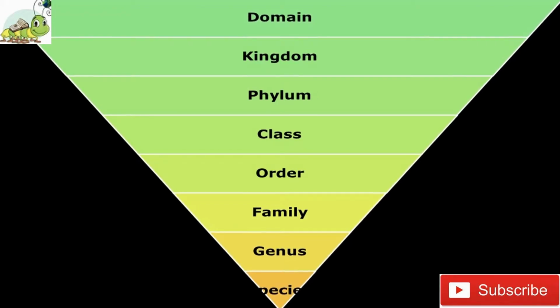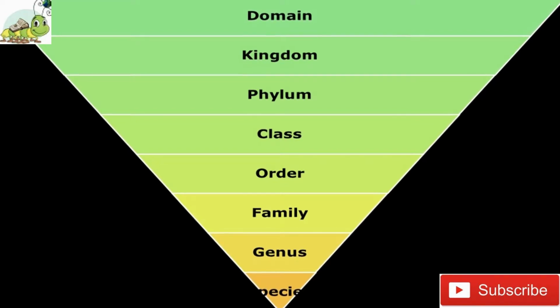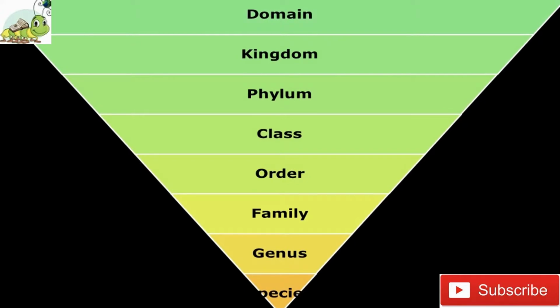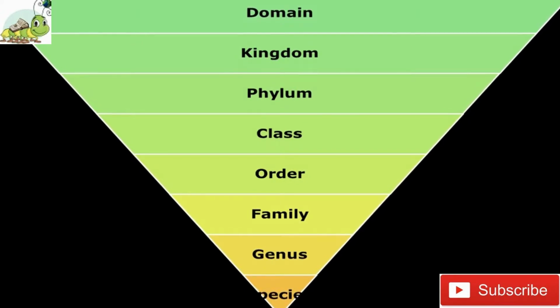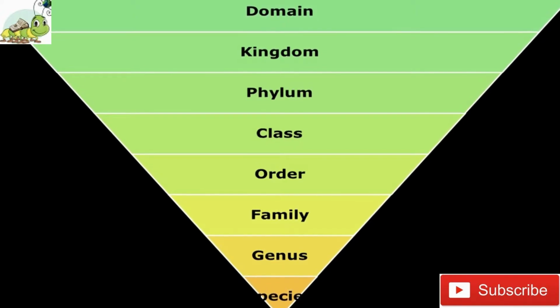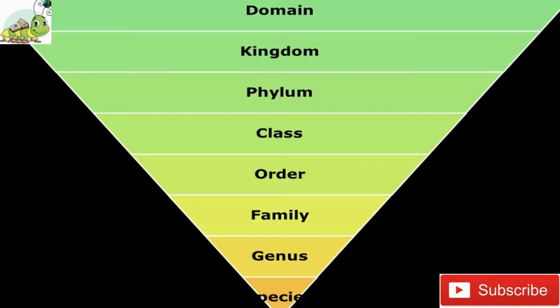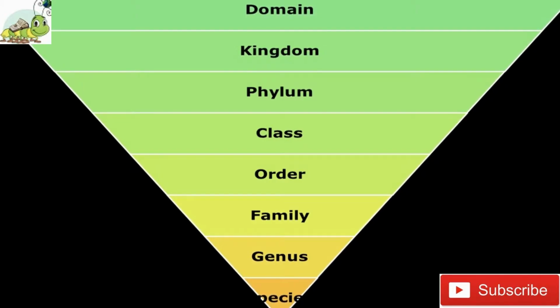The kingdom. What is the meaning of kingdom? Before domains were introduced, the kingdom was the highest taxonomic rank. In the past, the defined kingdoms were Animalia, Plantae, Fungi, Protista, Archaea and Bacteria.